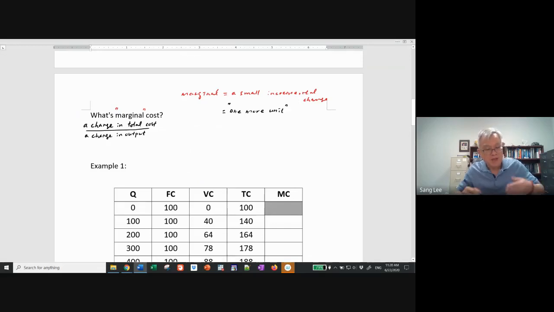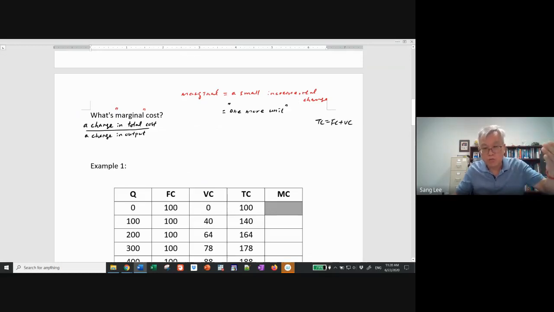So that means when you produce more output, that's a change in output. We do know fixed cost does not change, but as you produce more output, variable cost is always increasing, right? We do know total cost is fixed cost plus variable cost.